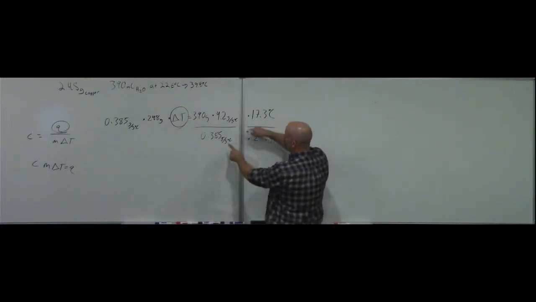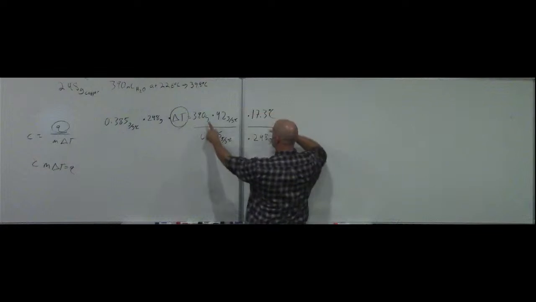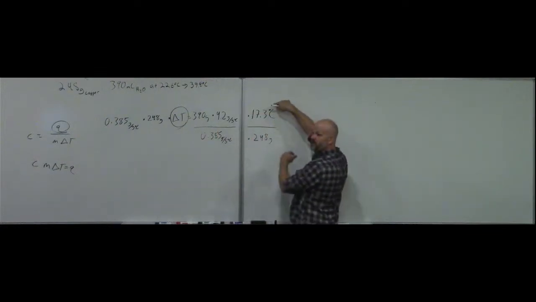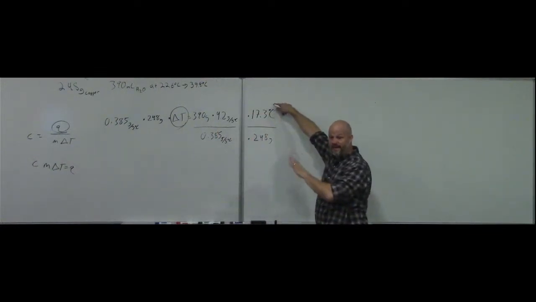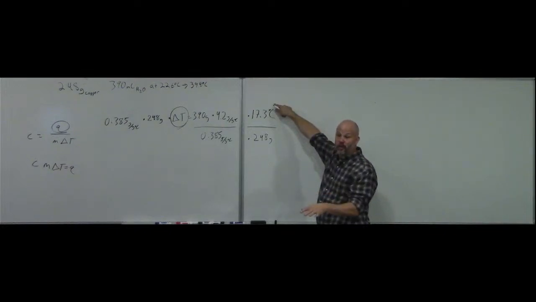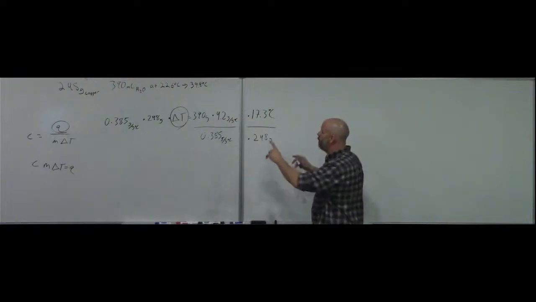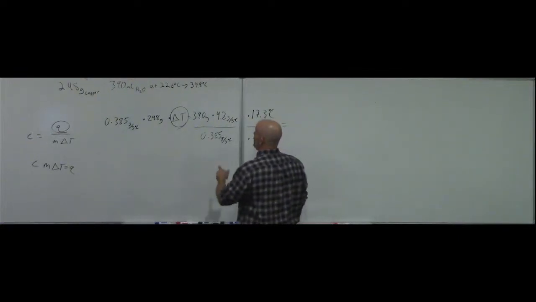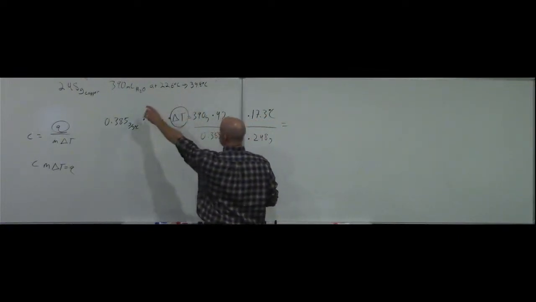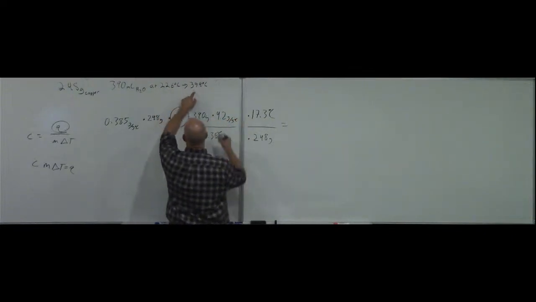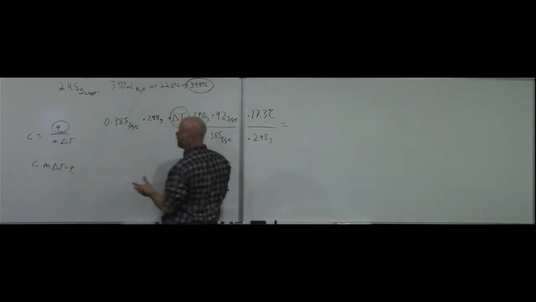Now, this would cancel out, this would cancel out, it would leave me in degrees centigrade. It's going to be my delta T, which is not ultimately what I'm looking for, but I'm in the right unit, so I know I'm on the right track. So I want to solve for this, and then figure out, I know what my final one was, I can figure out my initial one, right?